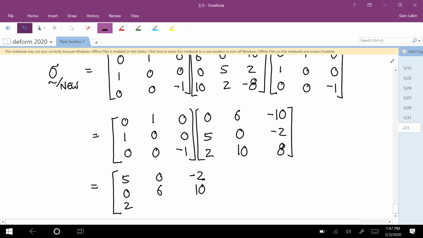Does it come out to be negative 10? This should be negative. Yes, negative 10. But either that 2 should be 0. Okay. And then negative 10, and then negative 8.